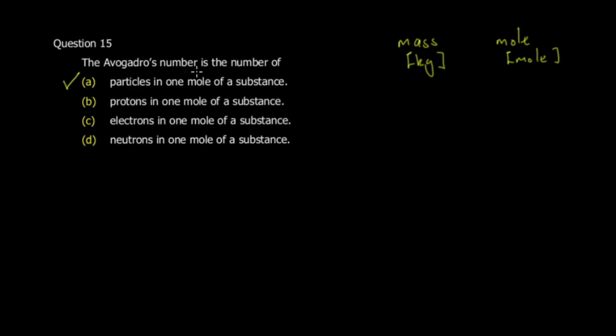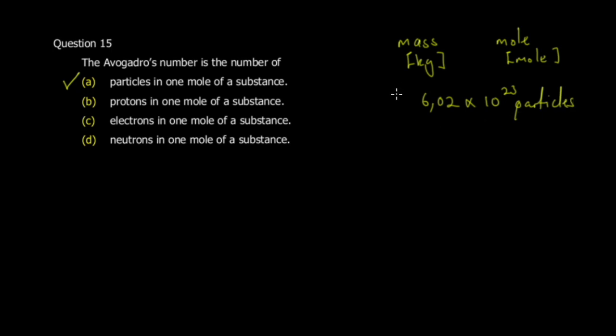In principle, you can even have a mole of buses, and a mole simply means you have 6.02 multiplied by 10 to the power 23 particles. If you have this many particles, you can say that I have 1 mole.